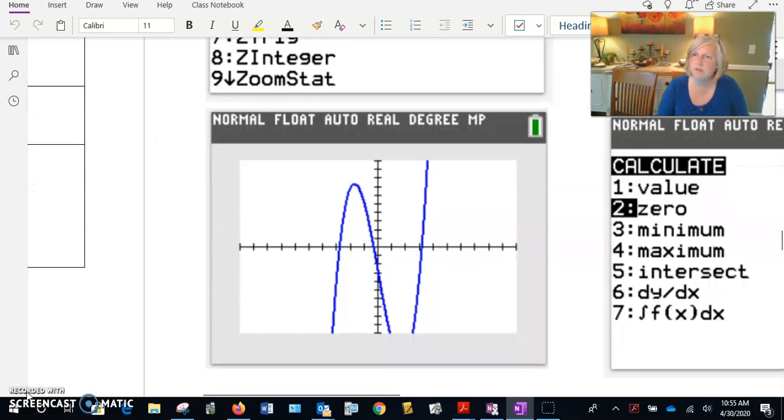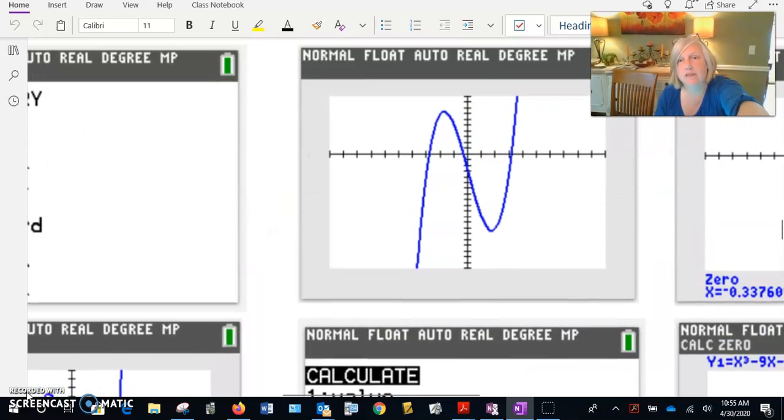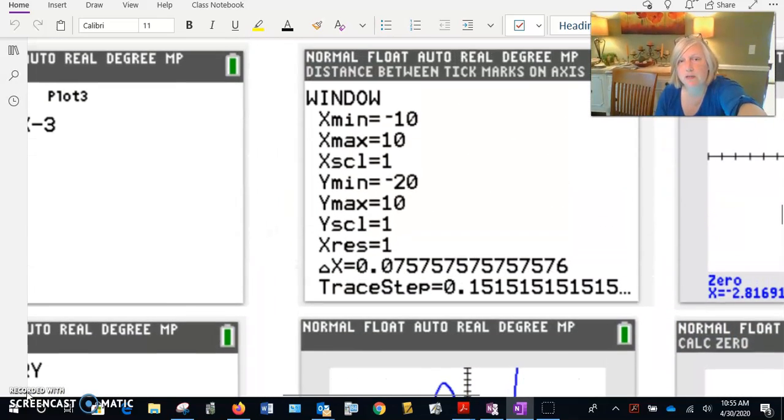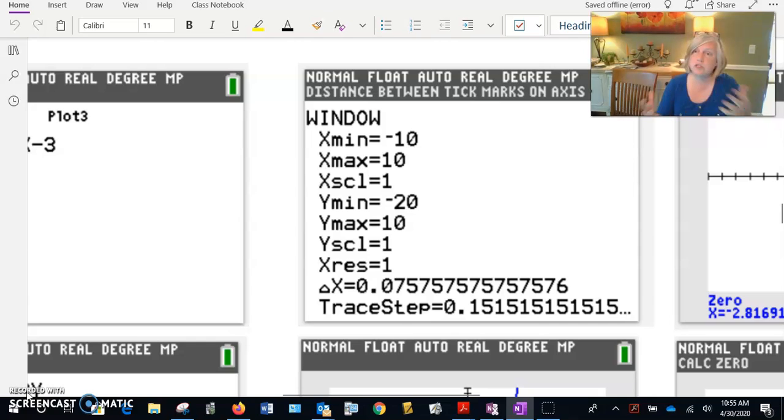I wasn't happy with that window, even though I could see the 3 x-intercepts. And again, how many x-intercepts could you have? Up to a maximum of 3 because the degree was 3. So what I decided to do, and that's just my preference, if you need to change the window, you should change the window until you see all of the features that you're looking for in the graph.